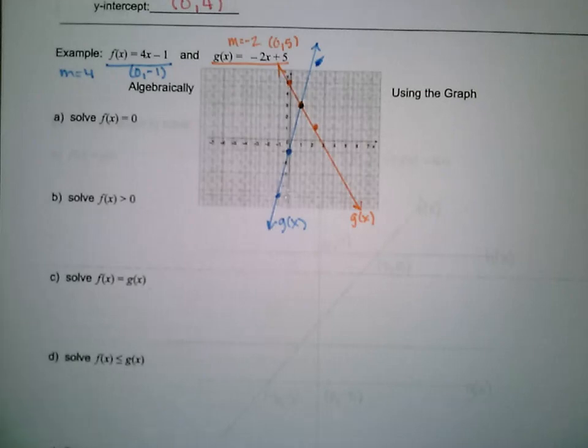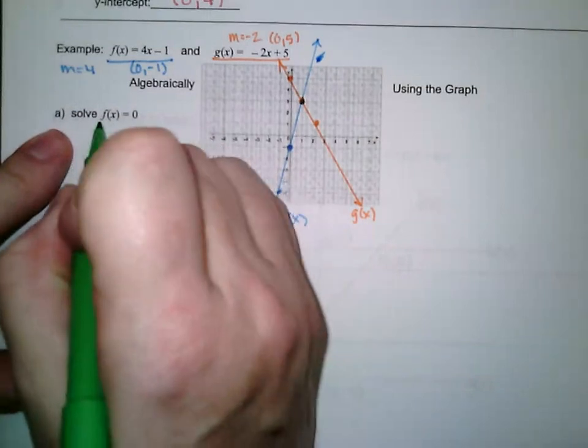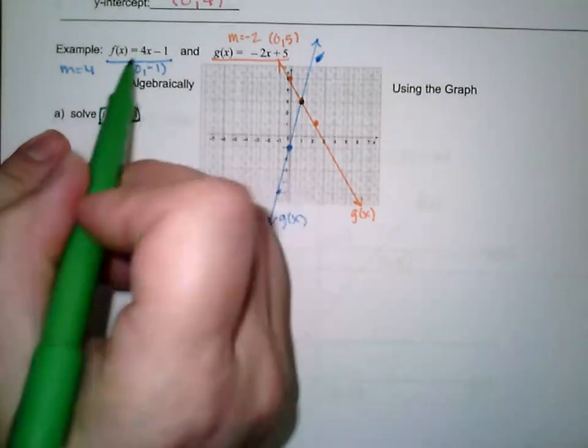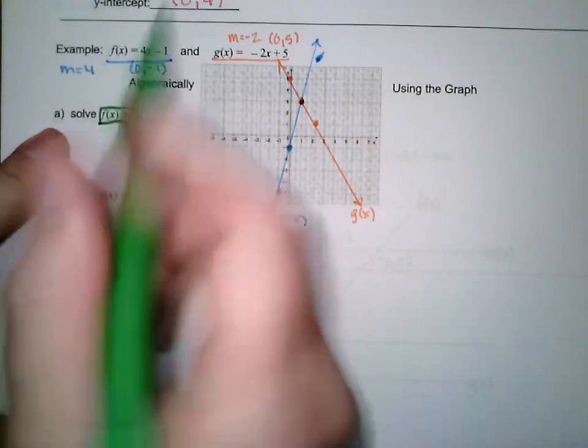Okay, so let's solve f of x equals 0. I want to talk about what that means in terms of what it looks like on the graph, and then what it looks like algebraically to solve it, because we want to be able to use both methods. Algebraically, to solve f of x equals 0, all we need to do is take our function f of x and replace the letters f of x with a 0.